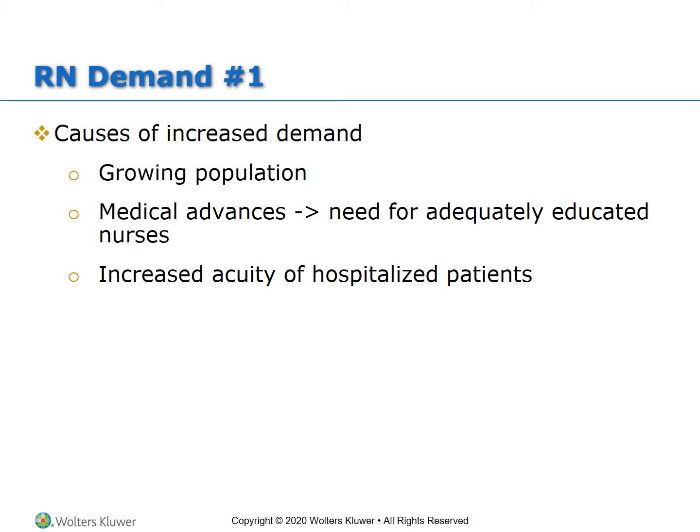Other factors that drive the demand are technological advances in patient care and an increasing emphasis on healthcare prevention. Also, a growing elderly population with extended longevity and more chronic health conditions requires more nursing care.